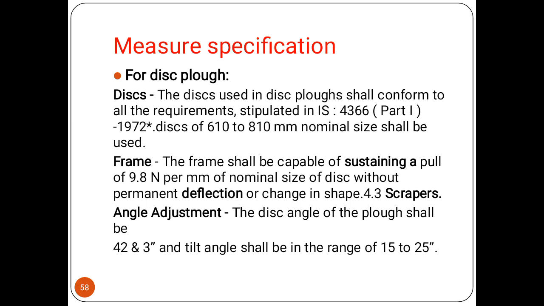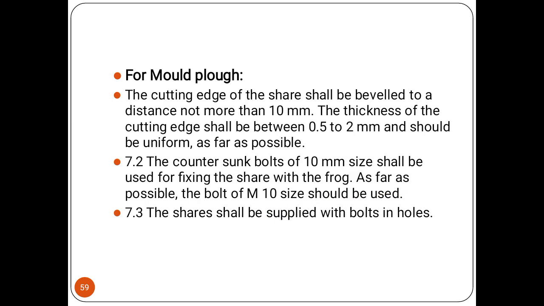The disc angle shall be 42 to 45 degree and tilt angle 20 to 25 degree. For moldboard, the cutting edge of the share shall be beveled to a distance not more than 10 mm, and the thickness of the cutting edge shall be between 0.5 to 2 millimeter and should be uniform.